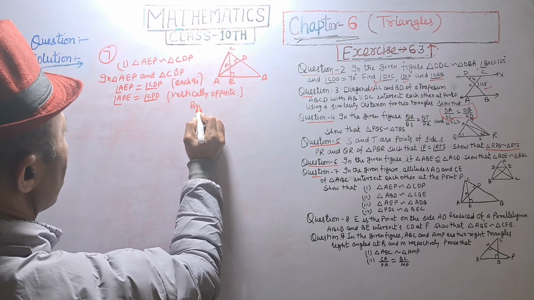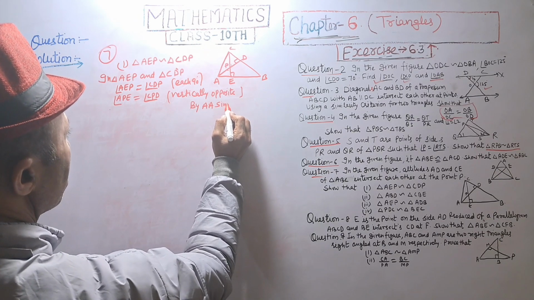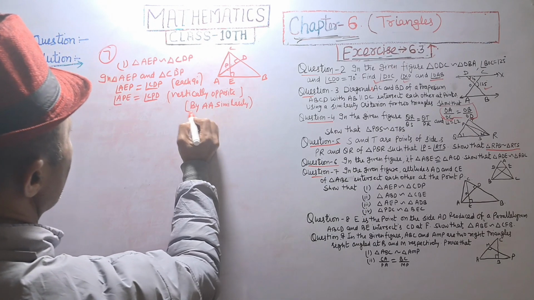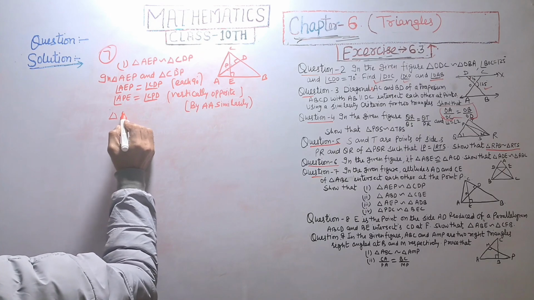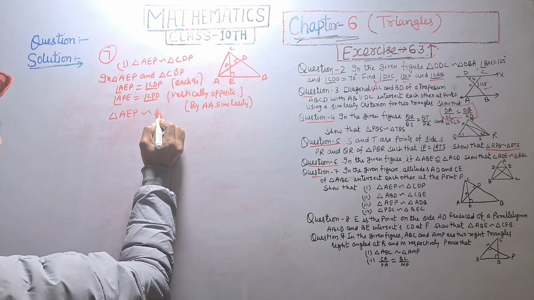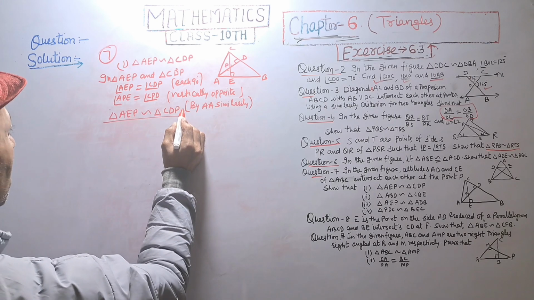By angle similarity, we get triangle AEP is similar to triangle CDP.